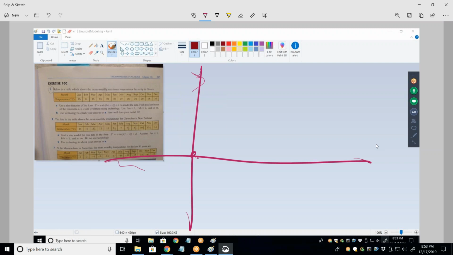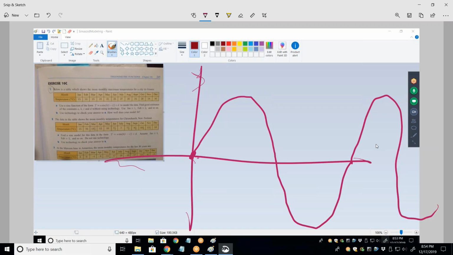Looks like this. You start with medium full of air in your lungs. You breathe in. You have your lungs full right there. You breathe out and you expel all of the air and you're down to there. And you breathe in again. Same thing over and over and over. So breathing is a sinusoid function.